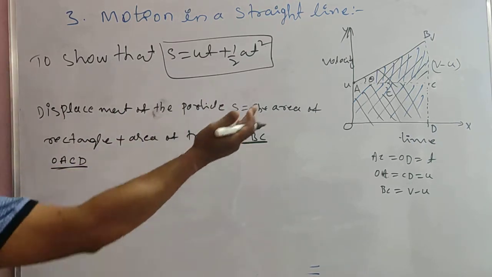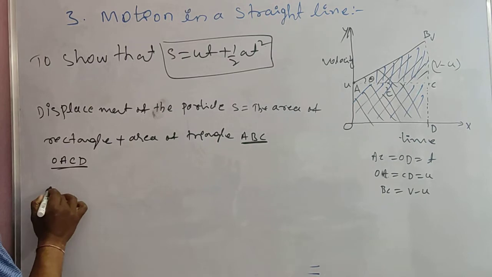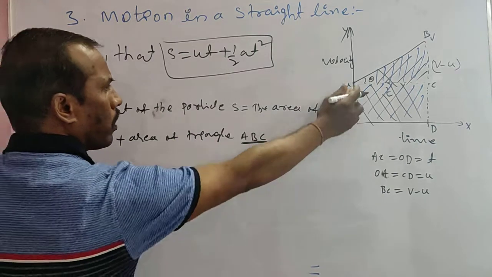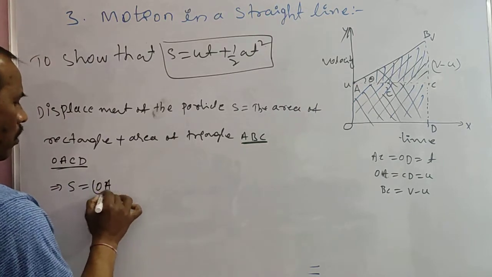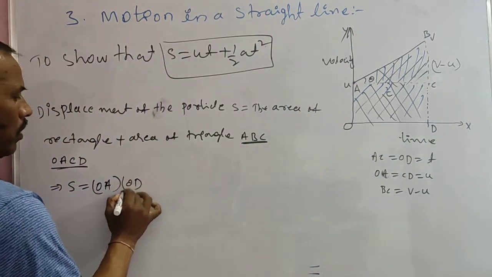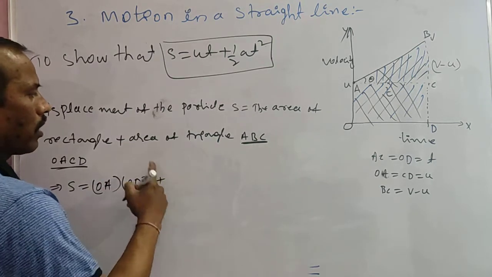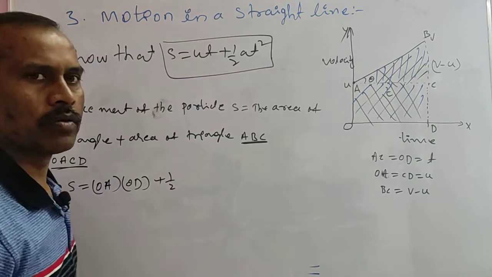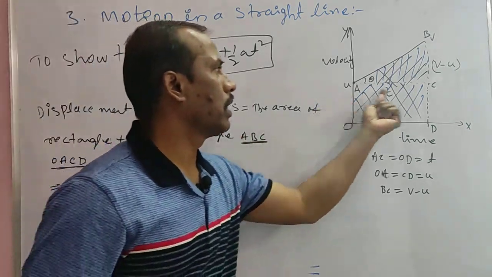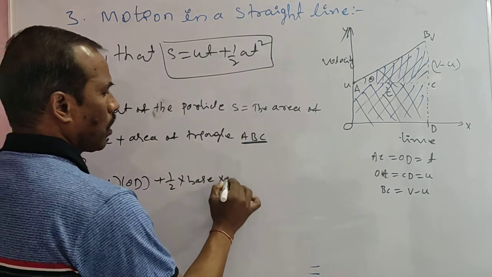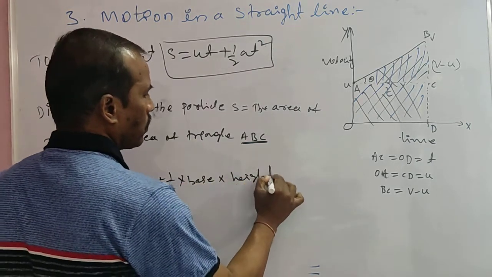Substituting the values, S is equal to the rectangle, OA into OD, plus the area of the triangle, which is half into base into height. Here the base means AC.